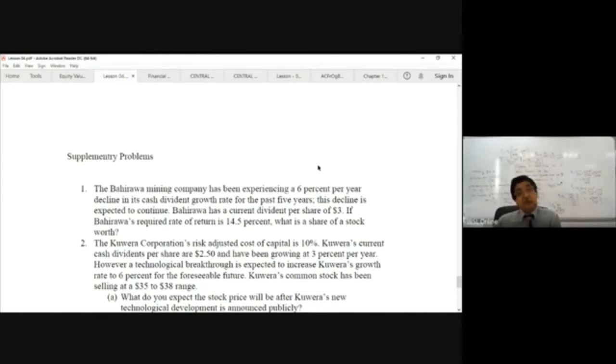Then in the denominator you have 0.145 plus 0.06. That comes to 0.205. In the numerator you have 3 into 0.94. When you solve that, 3 into 0.94 divided by 0.205, you will arrive at 13.76. That is the answer.